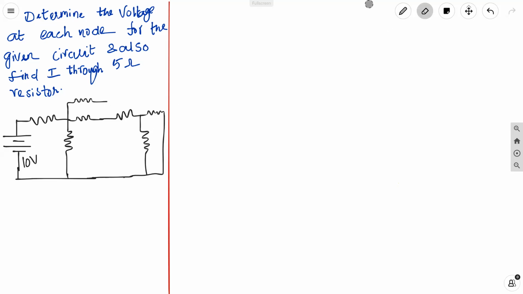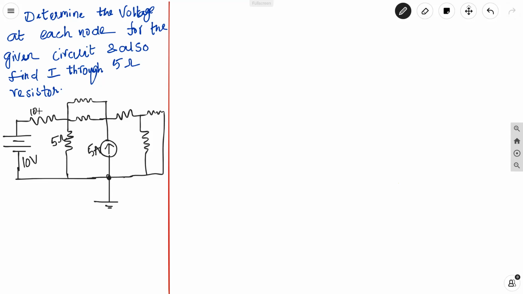Actually, here they also mention current source. This is 5 ampere. This one 5 ohm.